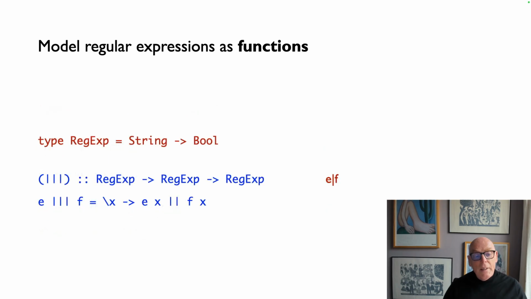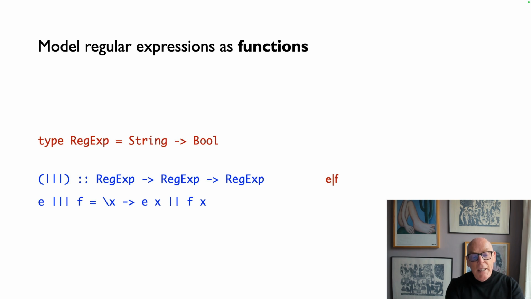What about the case of alternatives? I'm using the operator bar bar bar to represent the vertical bar. And so what this vertical bar does, it takes two regular expressions that are functions and returns a regular expression. So that's a function. So what's E bar bar bar F?